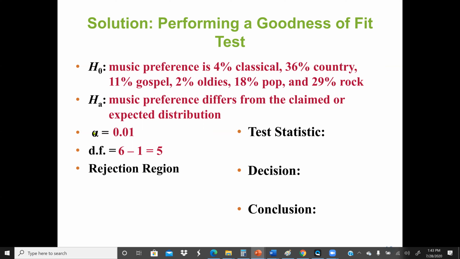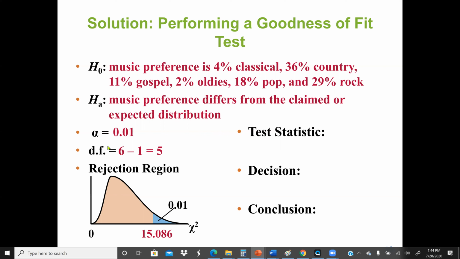Now, based on the alpha value and degree of freedom, we can construct our rejection region. The critical value is 15.086. We get this value based on the degree of freedom and the alpha value, so it's almost the same as the T distribution concept.